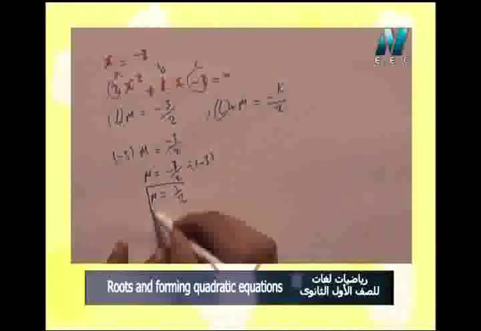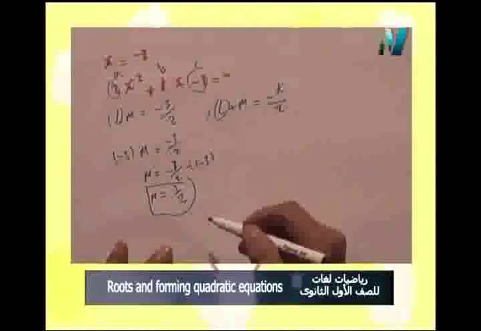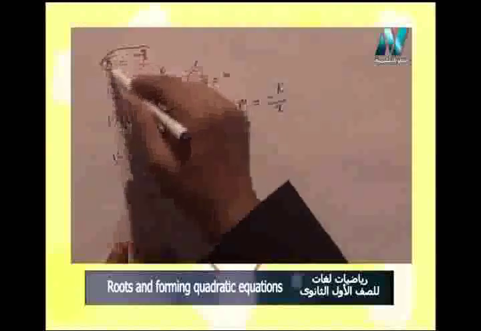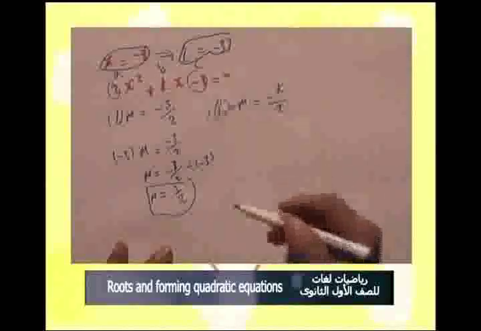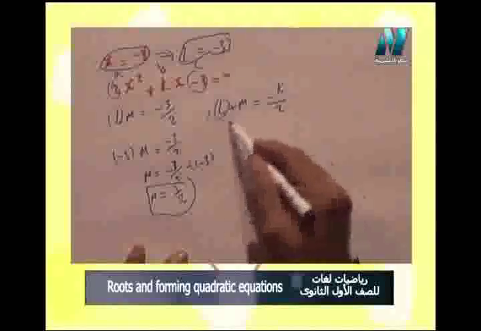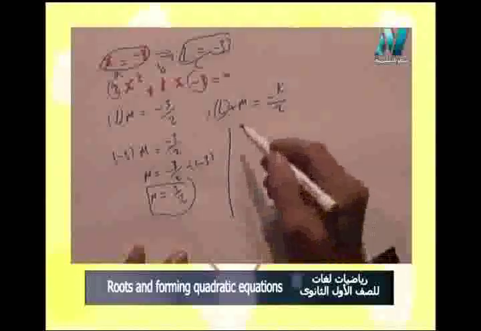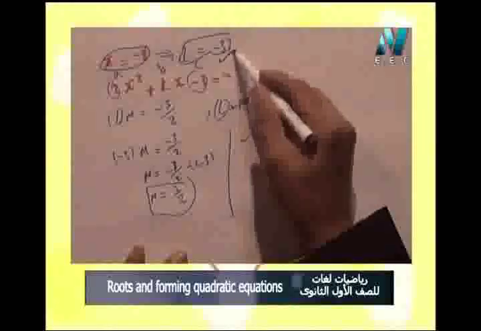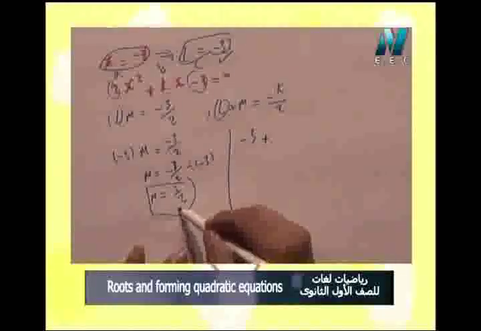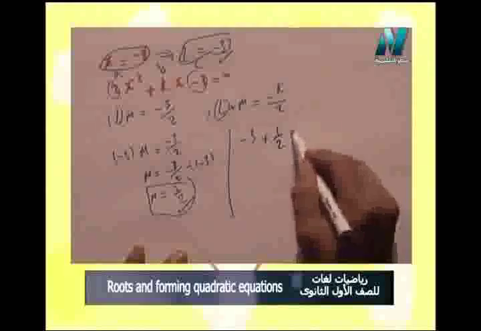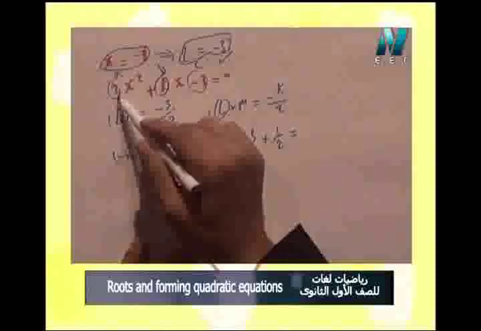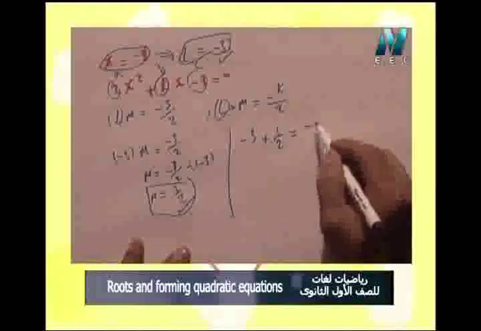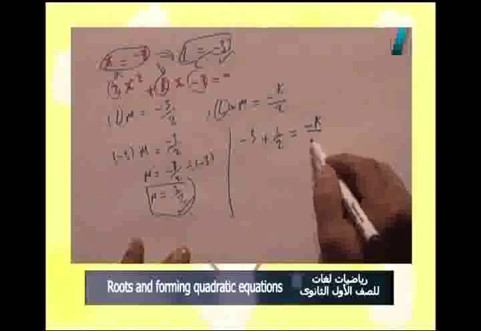Now we have the other root, m equals half, and one of the two roots, L, equals negative 3. The sum of the two roots, L plus m, will be negative 3, which is the first one, and half, which is the next one, equals negative b over a, which is negative k over 2.